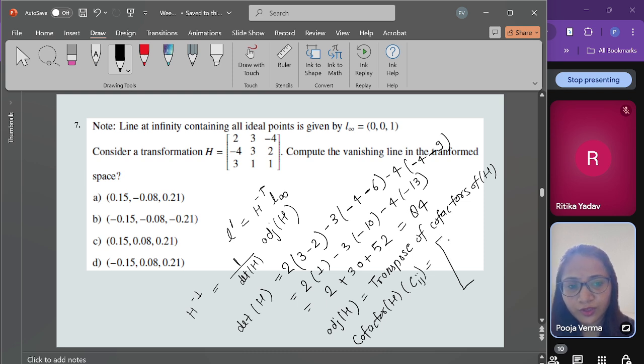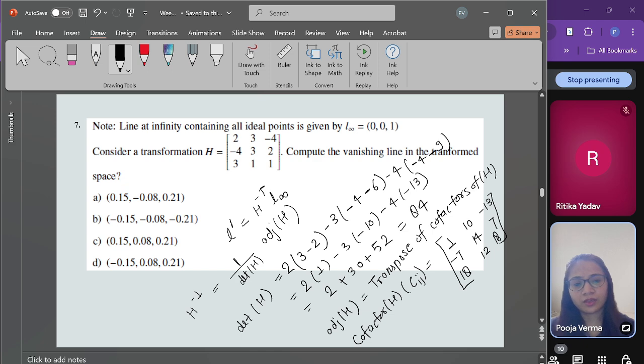So you will get here 1, 10, minus 13, minus 7, 14, 7, 18, 12, and 18. These are the cofactors.